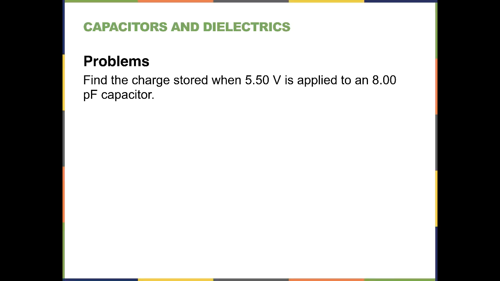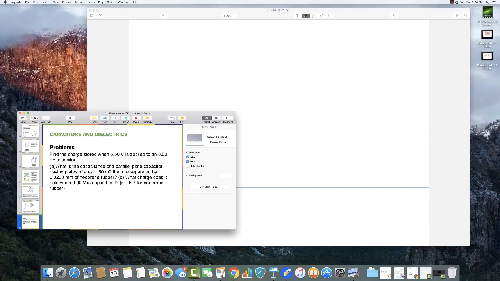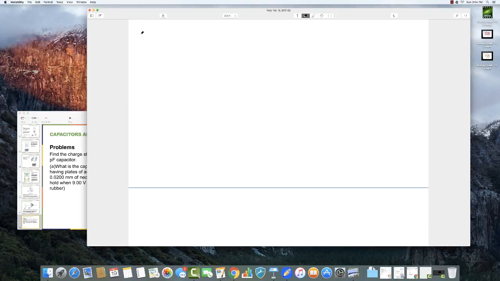So we remember that we're looking for the charge. Q is equal to CV. Remember, C was equal to Q over V.